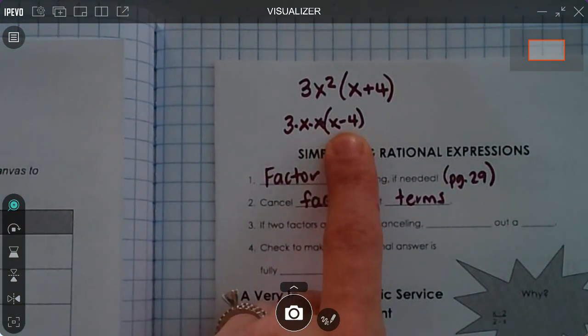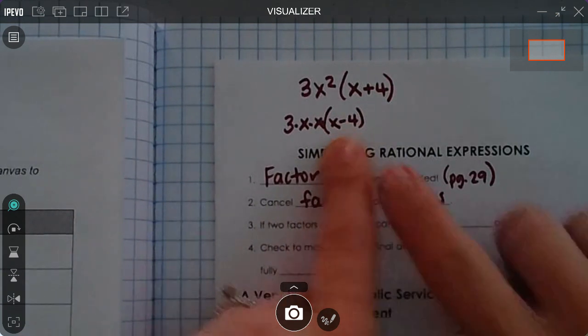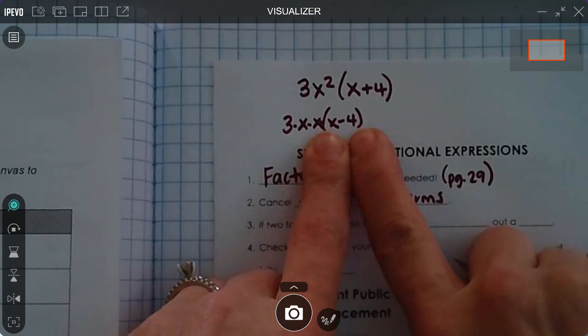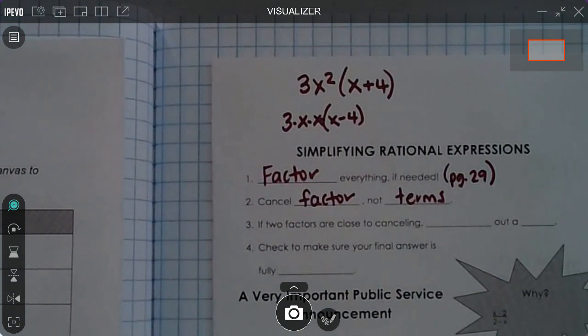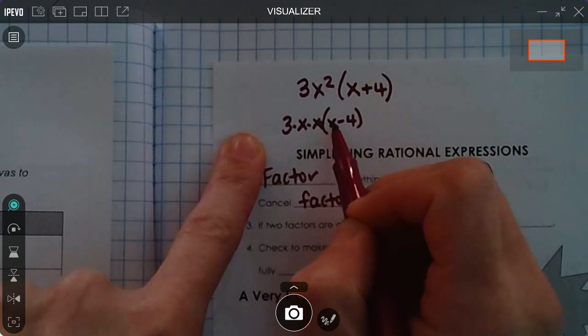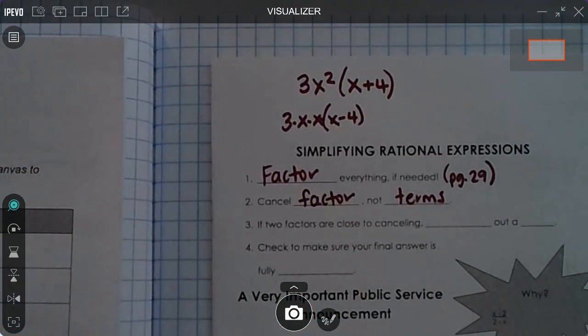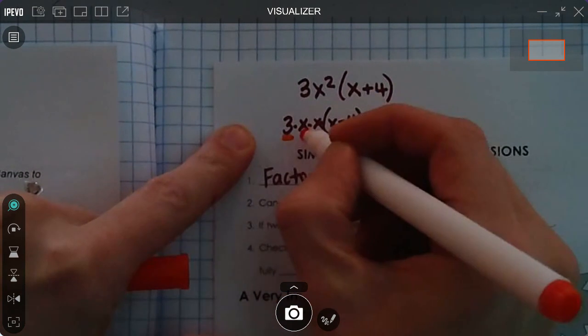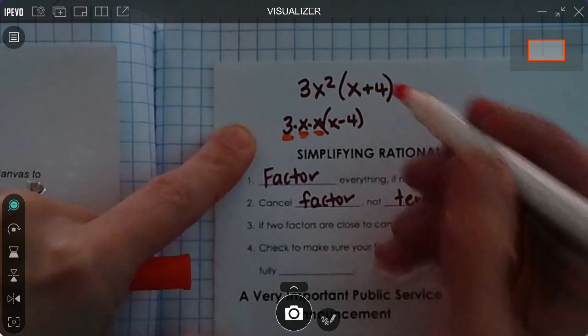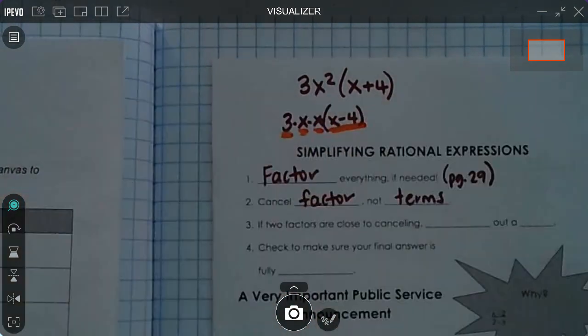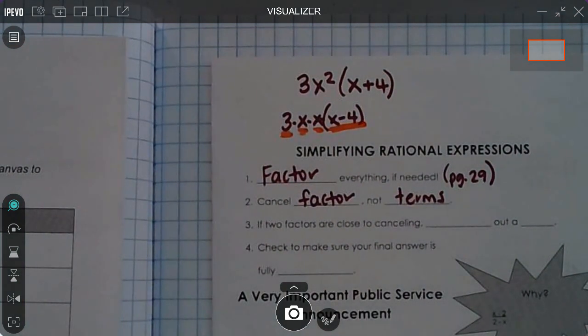No, that's a minus. So x and 4 are both terms. Listen to my words here: x and 4 are terms because they're being subtracted. They could be added as well. Factors are multiplied by each other. So if I asked what the factors are, you would tell me 3 is a factor, x is a factor, x is a factor, and then x minus 4 together is one whole factor.